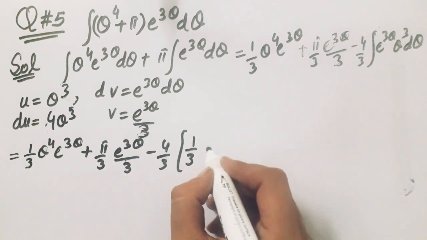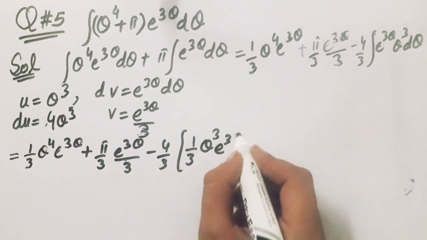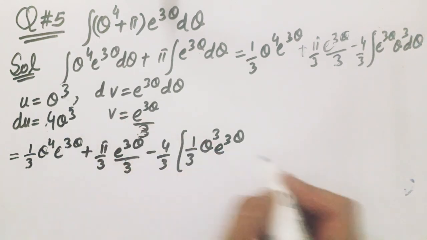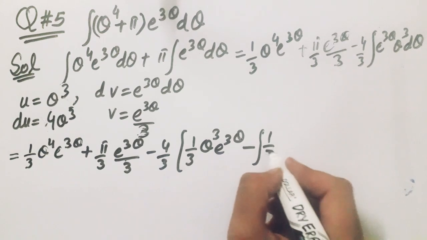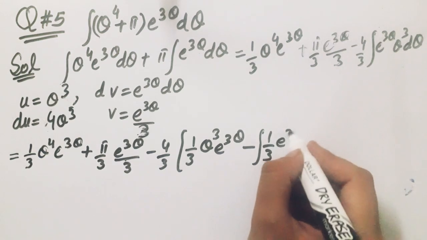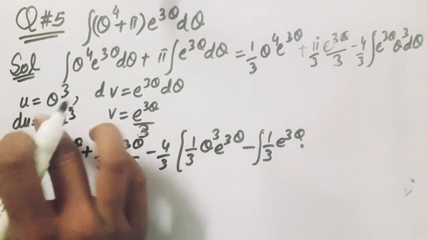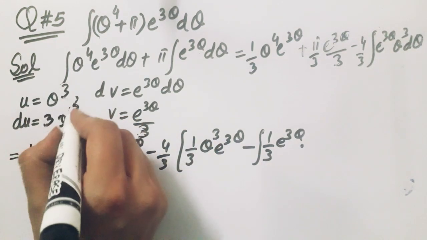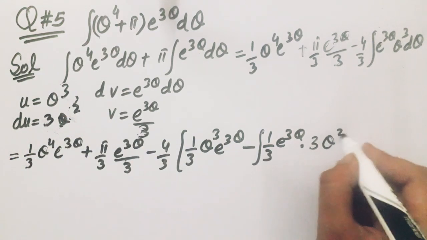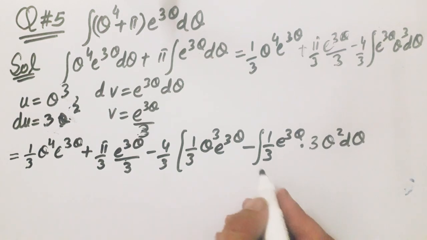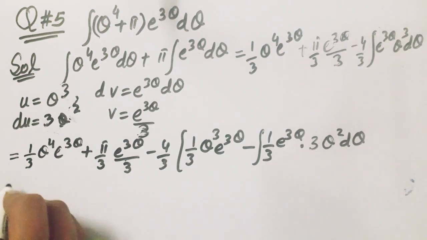1/3 θ³ e^(3θ) minus 1/3 ∫ e^(3θ) 3θ² dθ. Now we will again apply integration by parts here and get the answer.